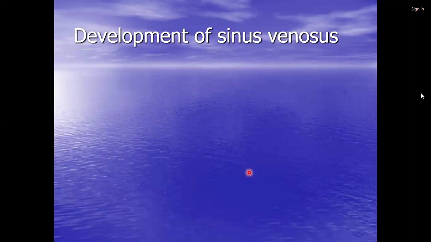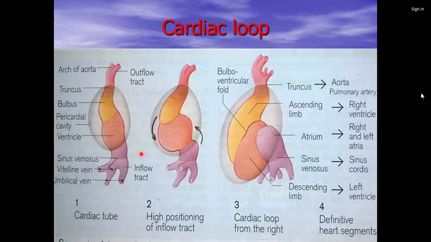We need to note here that we have the inflow tract. The inflow tract receives blood from three sources. It receives blood from the umbilical vein, from the placenta. It receives blood from the vitelline vein.